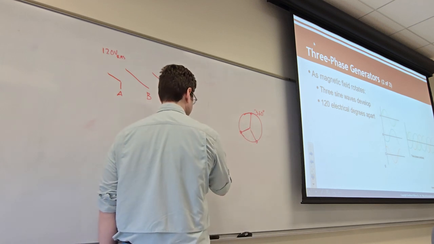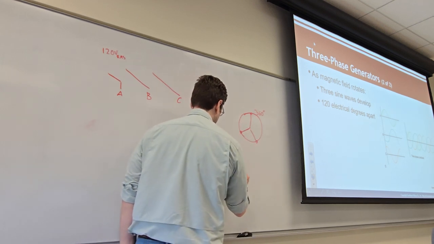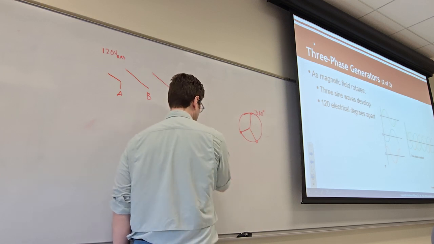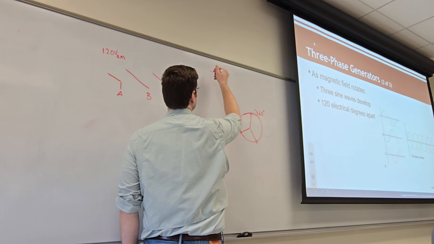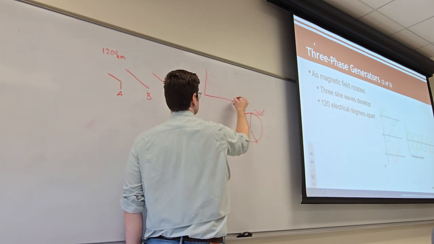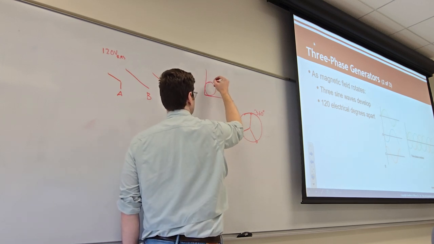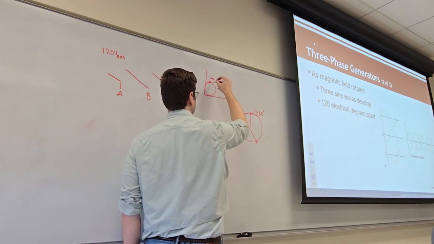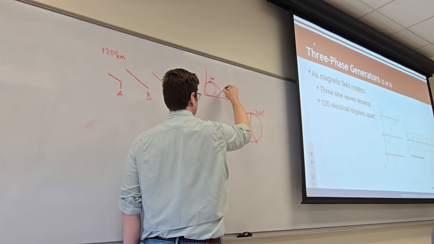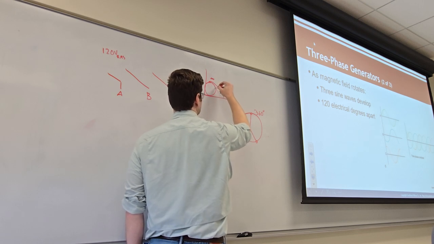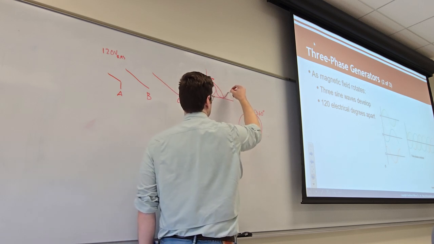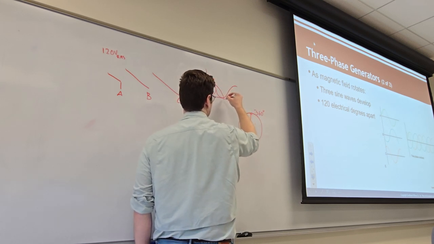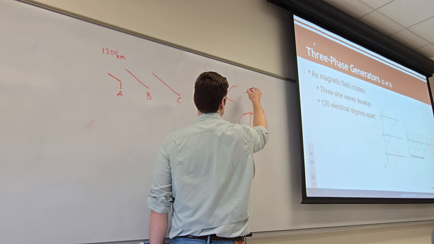I don't know if you guys have ever seen this, but one way to visualize a sinusoid is if we take a ball, oh, I got a terrible circle. If we take a ball on this line, we look at one spot on the ball and then we roll it. And where that point crosses will kind of look like this. The ball will roll down, and then it'll roll up, and then it'll roll down.